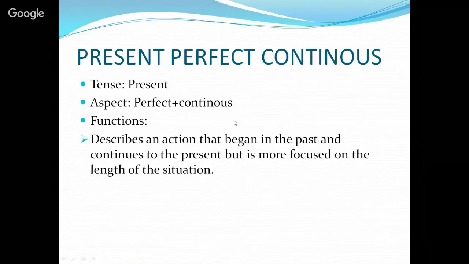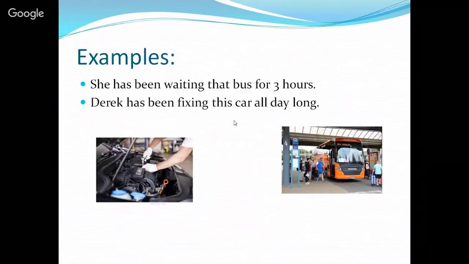Present perfect continuous. In the present perfect continuous, the tense is present and the aspect is perfect plus continuous. As functions, we can describe an action that began in the past and continues to the present. But the action is more focused on the length of the situation, like how long this situation lasts. Some examples are, she has been waiting for that bus for 3 hours.